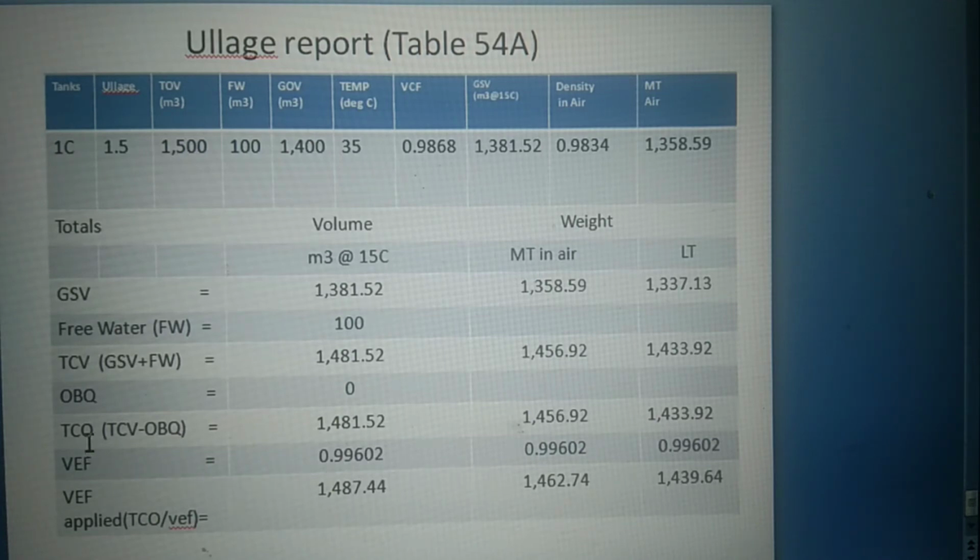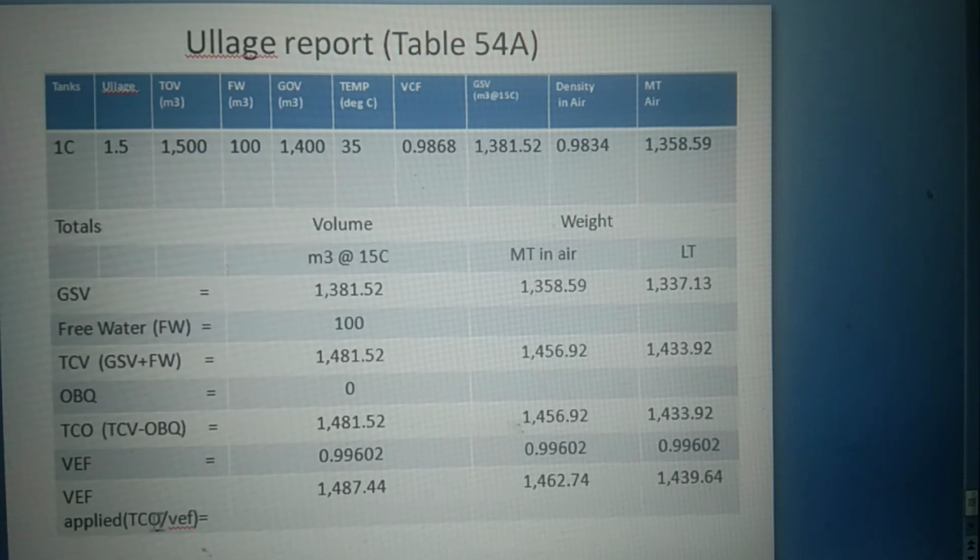So we will only divide TCO by BEF, then we will get the BEF applied TCO.